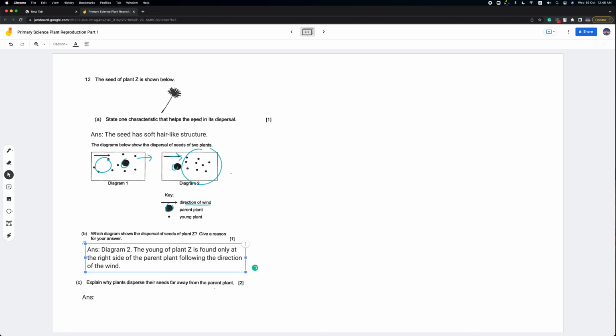Only on the right side. That's better, I think. I'm not an English teacher, but that's not a reason for me not to use the correct words. So I apologize for that. So the young of plant Z is found only on the right side of the parent plant, following the direction of the wind.